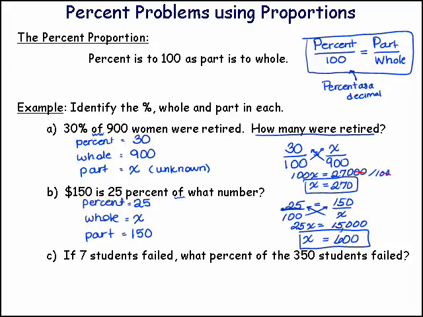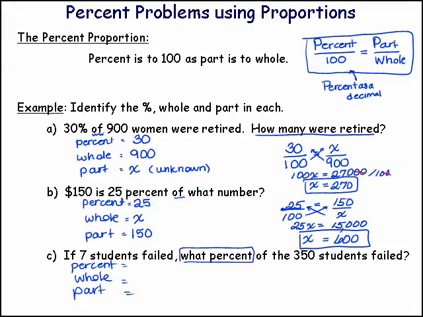If 7 students failed, what percent of 350 students failed? Let's look for percent, whole, and part. It says if 7 students failed, what percent? There's the question.